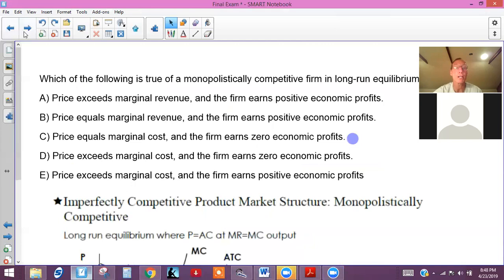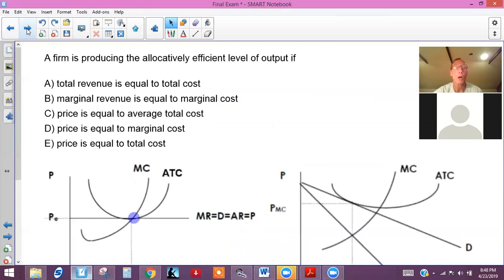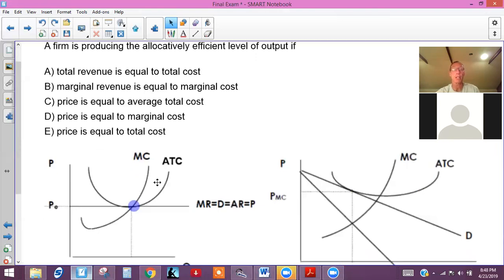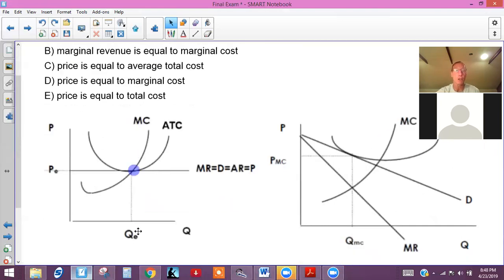We already said that it's D, and then price is equal to total cost. No way. Total cost is the cost of producing everything, and that's never going to be... I mean, total cost is the cost of producing 5,000 or however many units they are, and that's not going to be the price ever, is it?